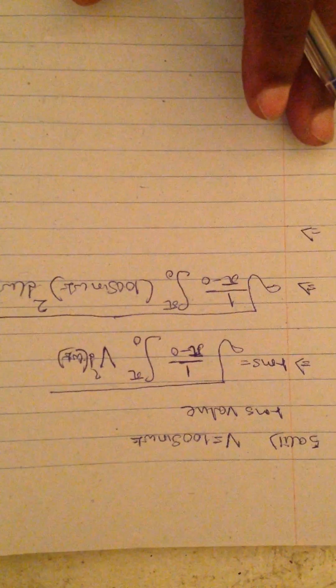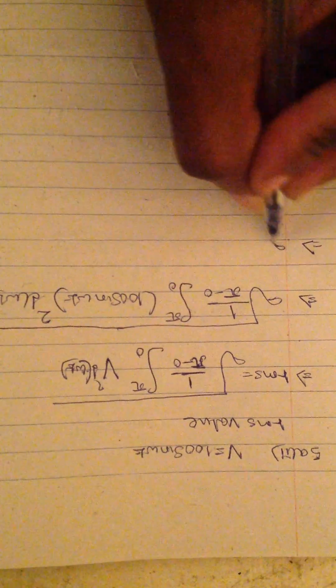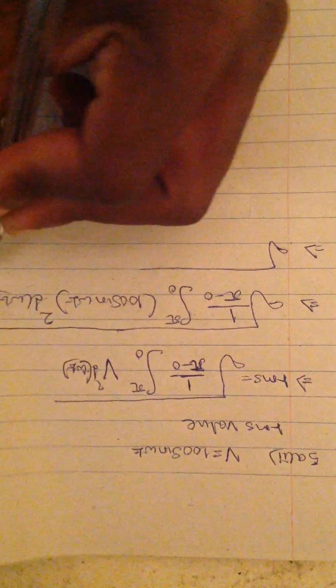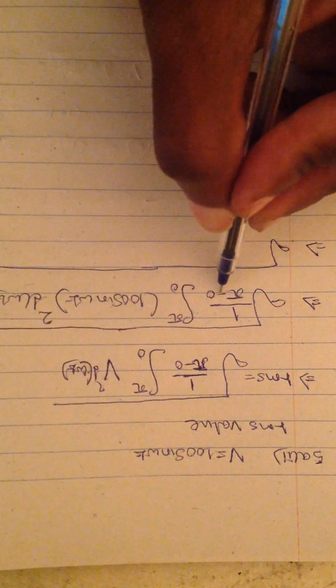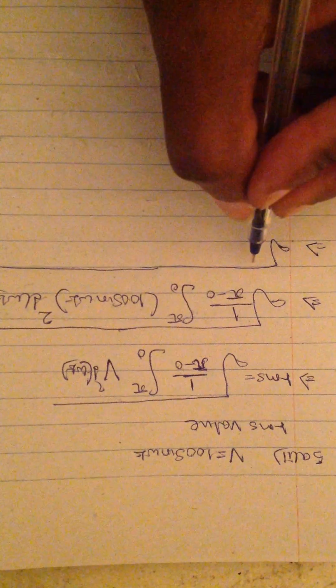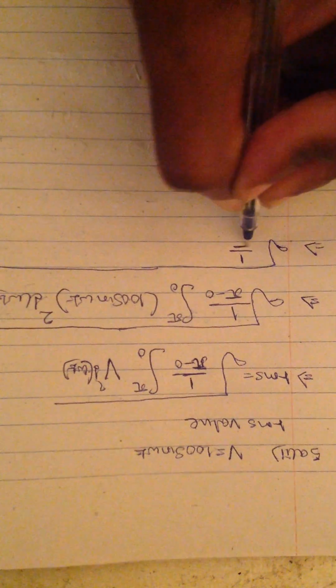Okay, so what next? We have the square root. What is pi minus 0? That's pi. So it will be 1 over pi.